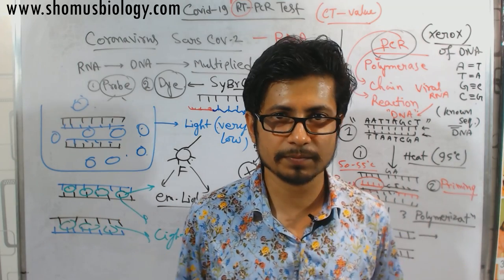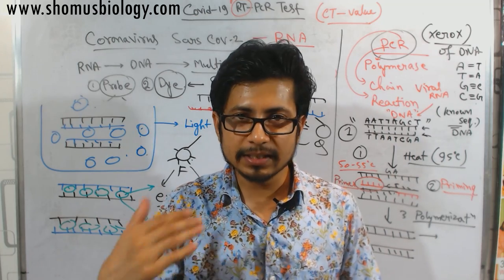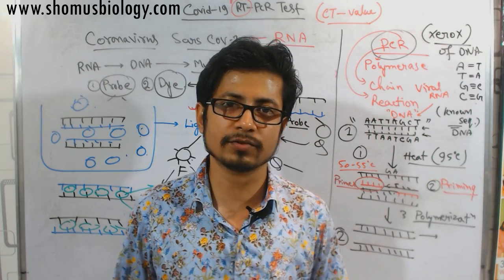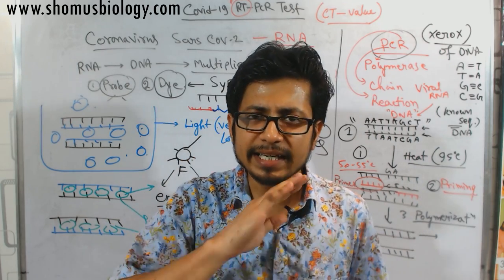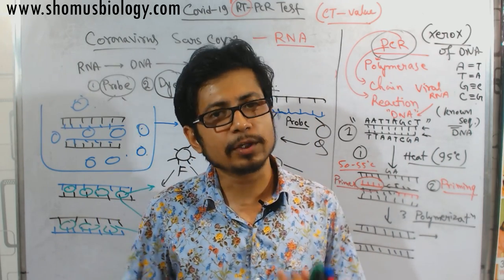That's how it works. Now you may ask a question, many people have asked this question earlier: when the new coronavirus strains are coming, there is a mutation in coronavirus strains, can this test detect it? Yes, why not? It can detect any DNA sequence if we know the sequence itself.